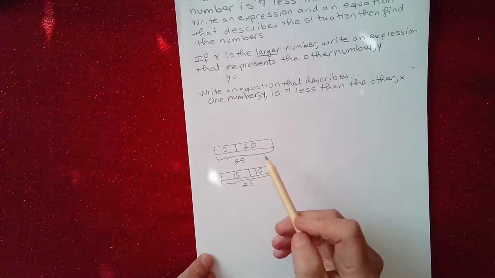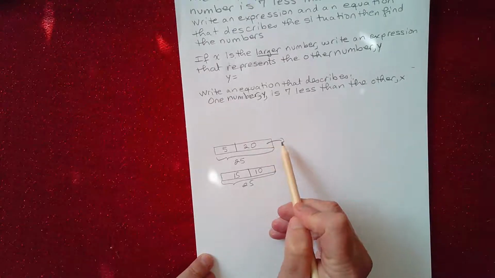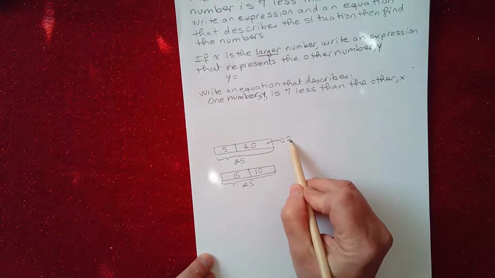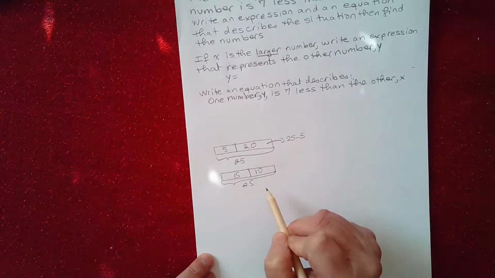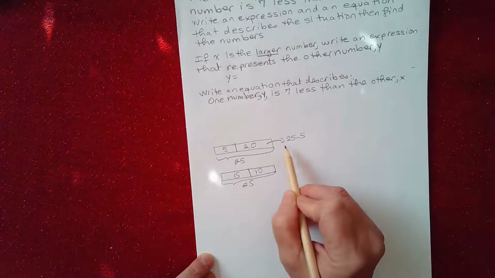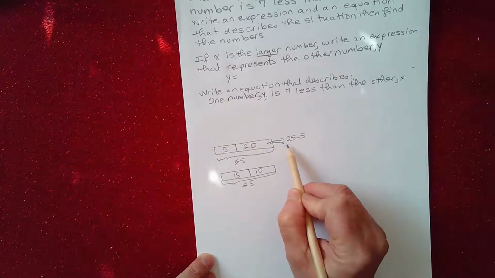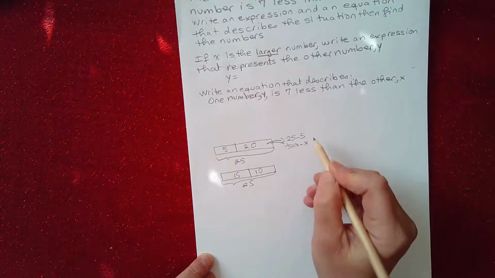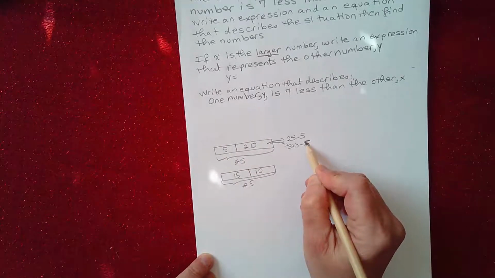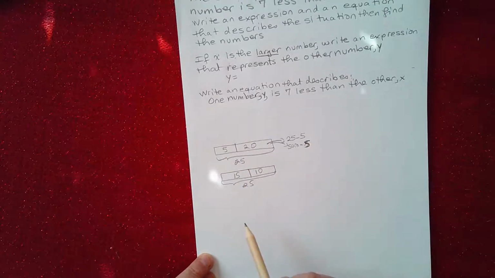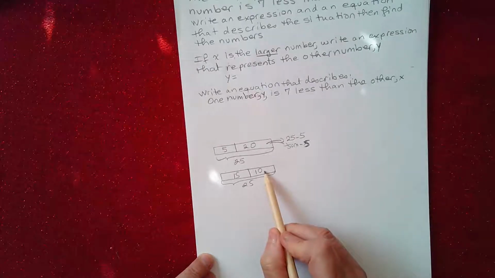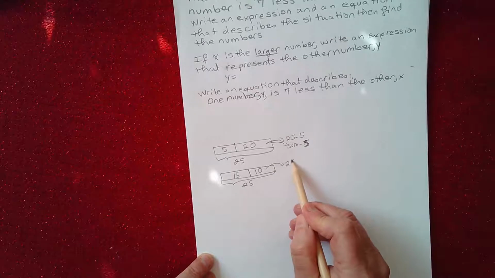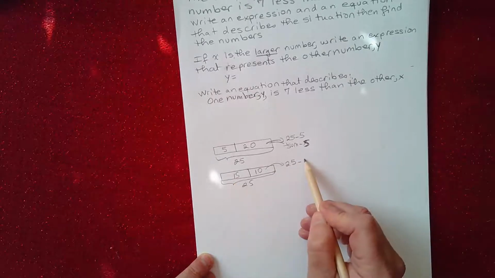The way you can also see it is that 20 is really 25 minus 5. So basically, that's equal to the sum minus the first number, which is 5. Sum minus 5. The same thing here. 10 is none other than the sum, which is 25, minus the first number, which is 15.